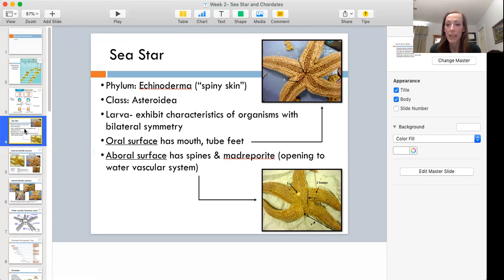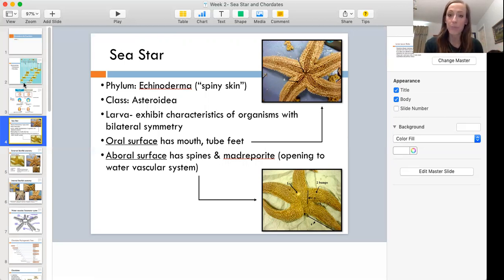First of all, if you think way back to last semester, we looked at embryonic development in slides using sea star, right? We looked at cleavage, we looked at the blastula forming, the gastrula, and the bipinnaria larva, right? And if you notice at that stage, there was actually bilateral symmetry.